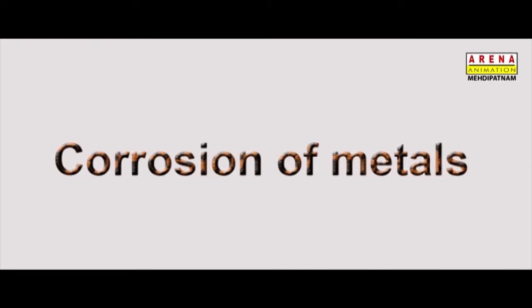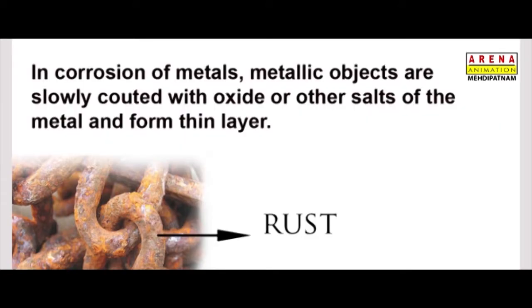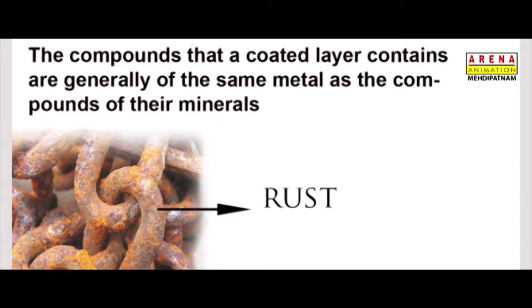Corrosion of metals. In corrosion of metals, metallic objects are slowly coated with oxides or other salts of the metal and form a thin layer. The compounds that the coated layer contains are generally of the same metal as the compounds of their minerals.